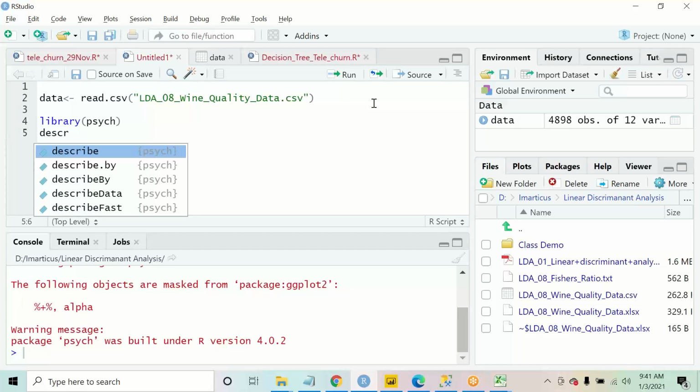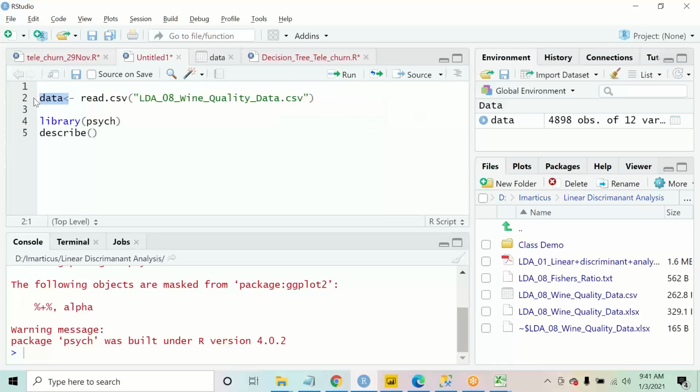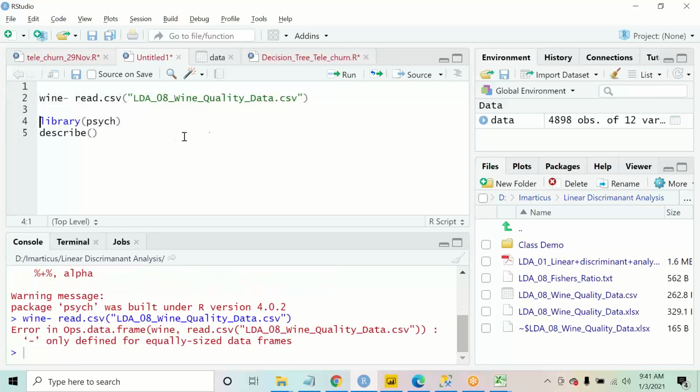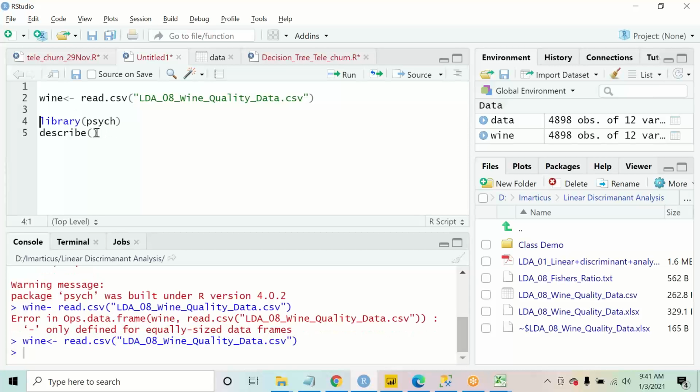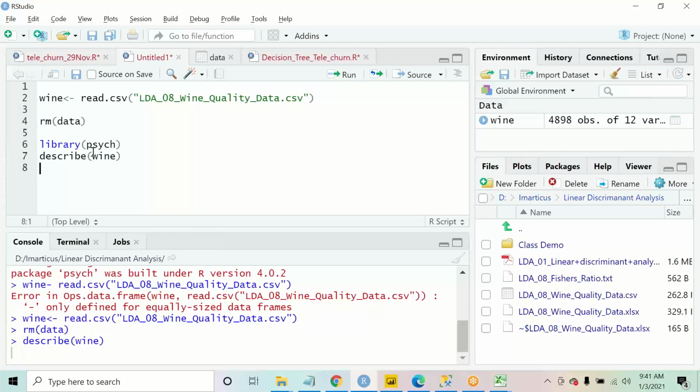Okay, if I say describe the name of my data set, let me just call it wine. So that will be a better representation. Let's remove data, rm. Okay, so I'm just removing that. So let's use describe on the wine data.